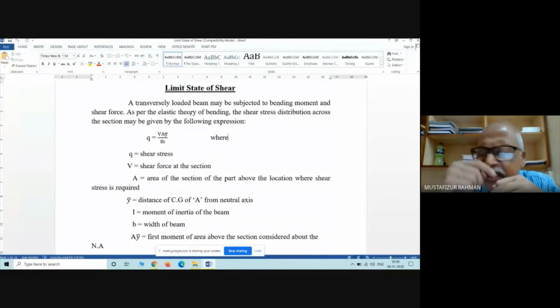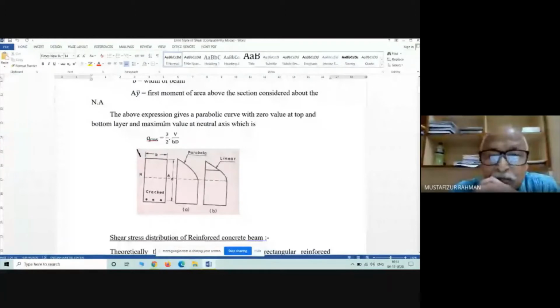But when we come from analysis to structural design, we'll modify our assumption. Now see here, I am moving my mouse.